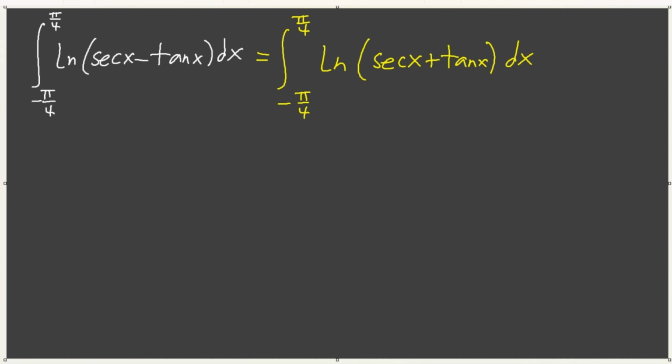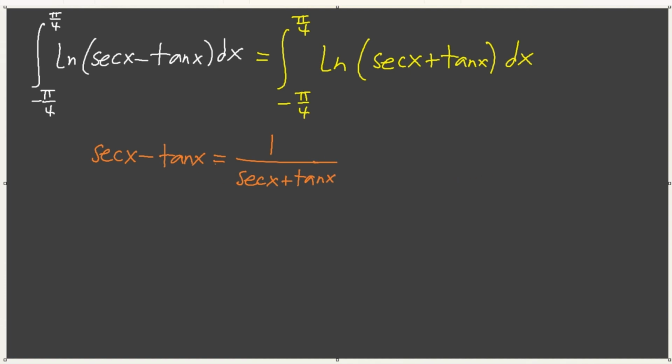Oh, but wait, do you remember your intermediate training? Secant of x minus tangent of x, that might bother a lot of people. But secant of x minus tangent of x is equal to 1 over secant of x plus tangent of x, and vice versa.